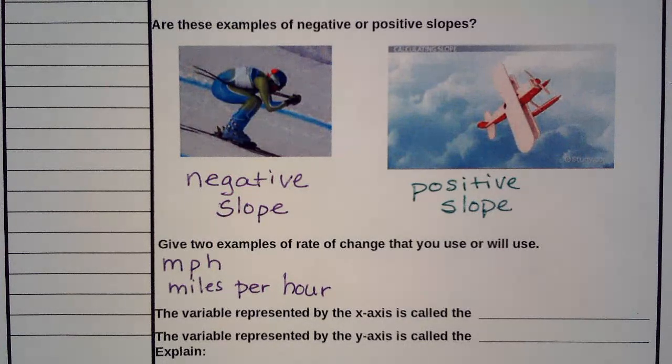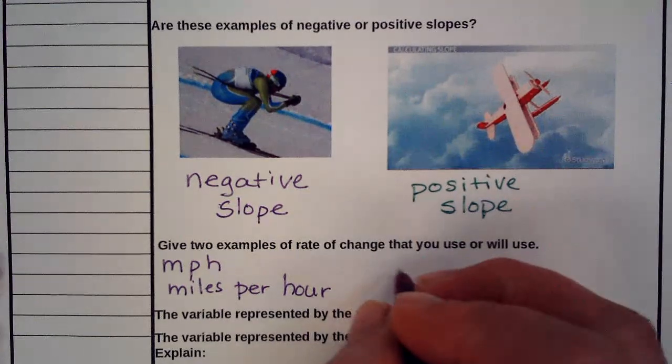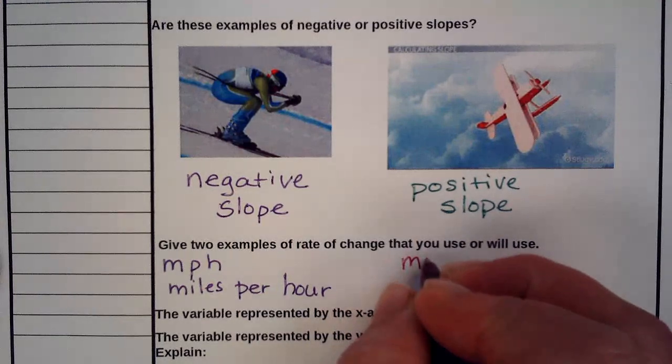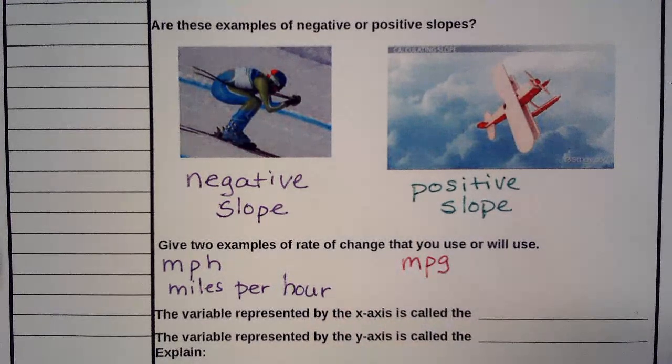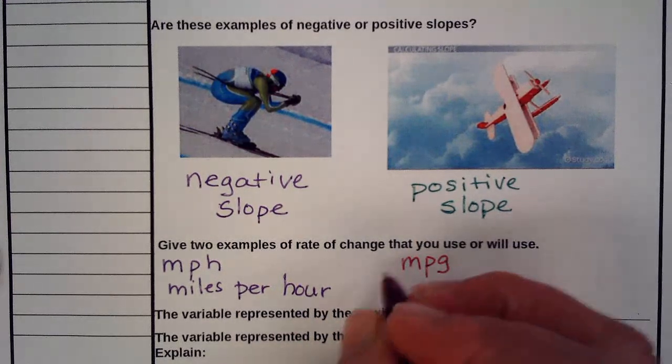When you get ready to buy a vehicle, this is one of the things you want to look for unless you have a lot of money. It's not how many miles per hour it will go, but MPG, miles per gallon.